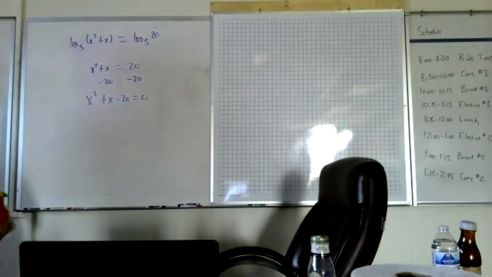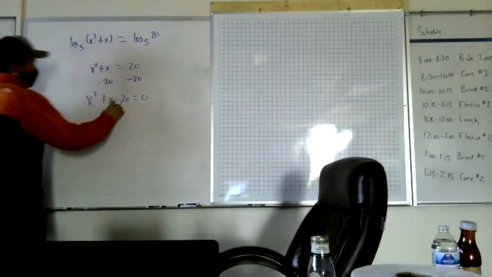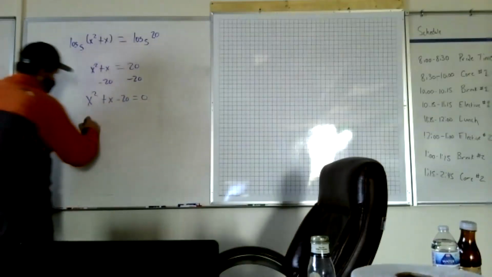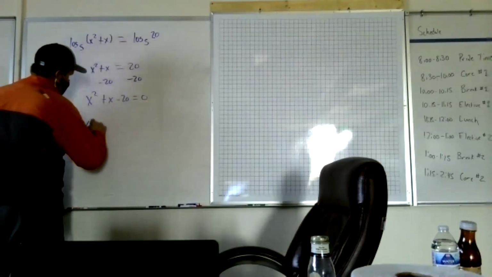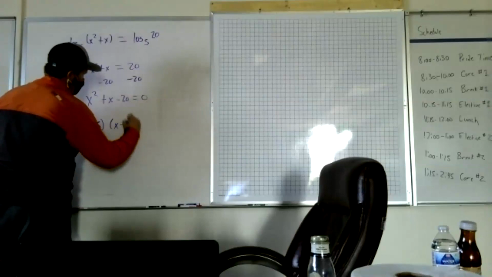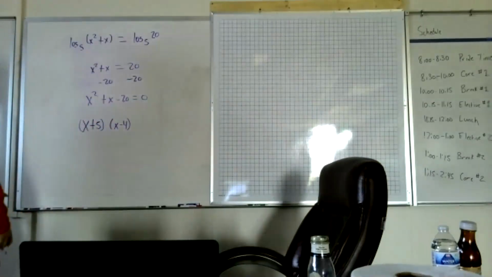Easier way is to just factor it. I'm looking for 2 terms that multiply to be a negative 20 and add up to be a positive 1. Those 2 terms are x plus 5 and x minus 4.